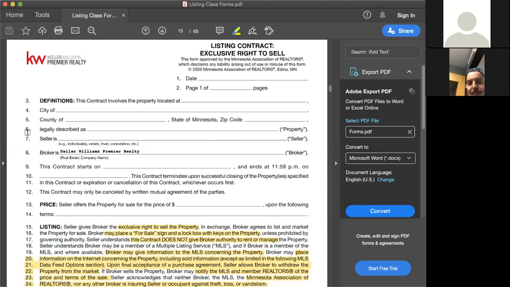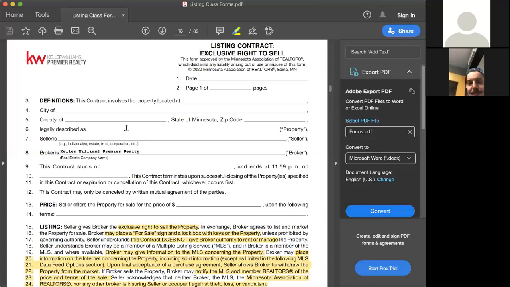And then line 6 is the legal description. So that's typically like lot and block, right? Or if it's a rural property, it's a pretty lengthy legal description, maybe southwest quarter acre of blah, blah, blah, and it goes on and on and on. So if you don't have enough room in this legally described as area for your legal description, a lot of times I will put see attached, and then I will attach an addendum to the listing contract that has the full legal description, which gives you a lot more room.